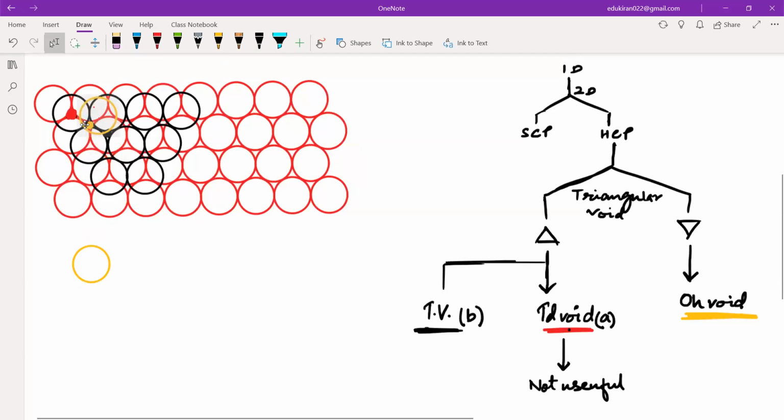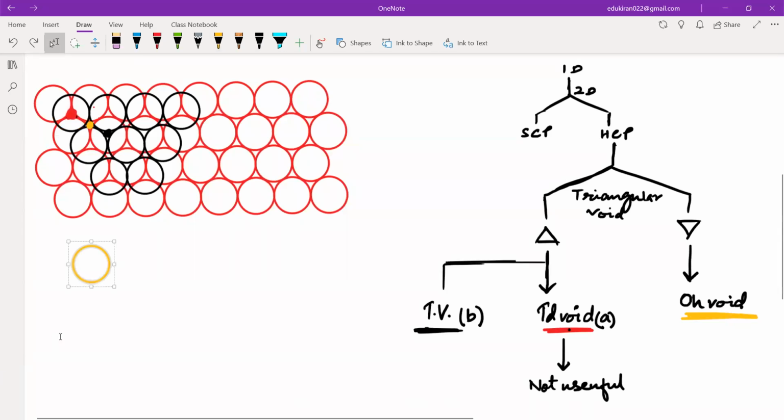If the yellow atom is put on top of the tetrahedral void, it is rather putting an atom on atom. Yes or no? All of you can see that? Yes, sir. Okay. Fine.